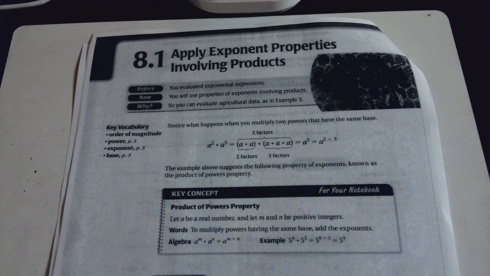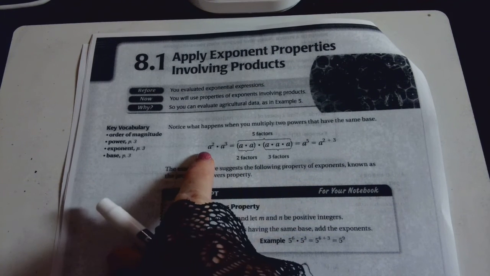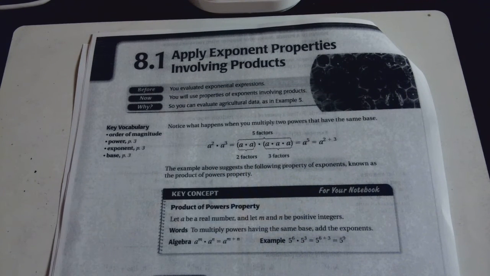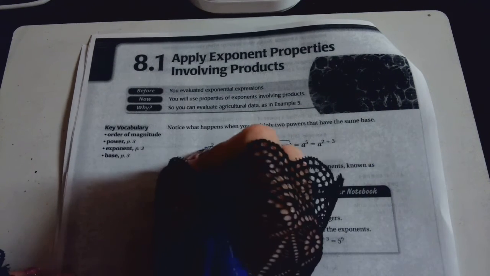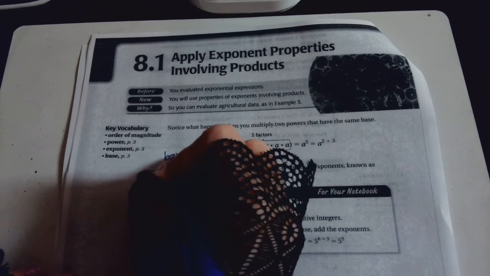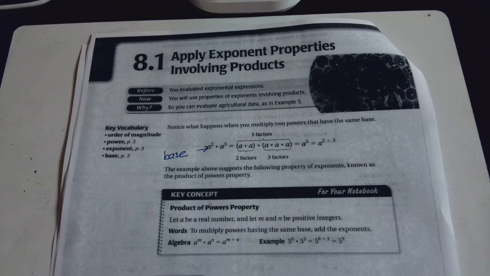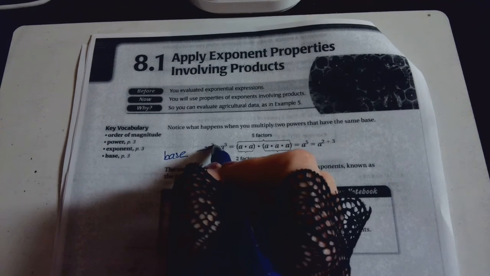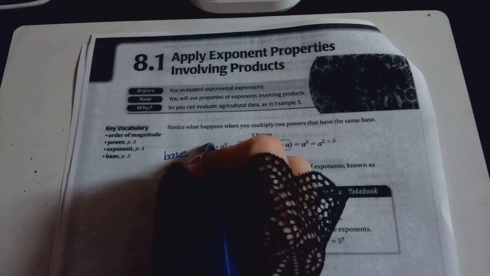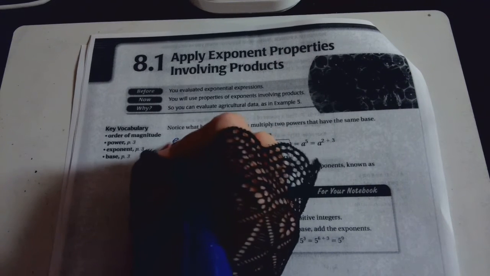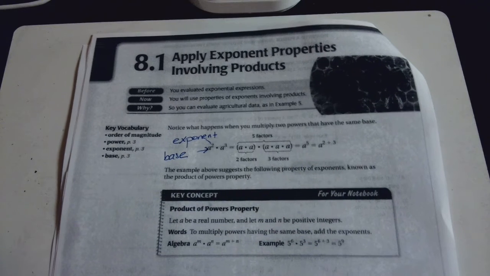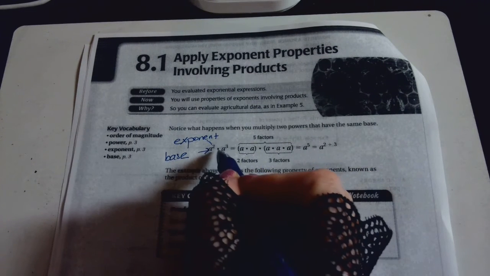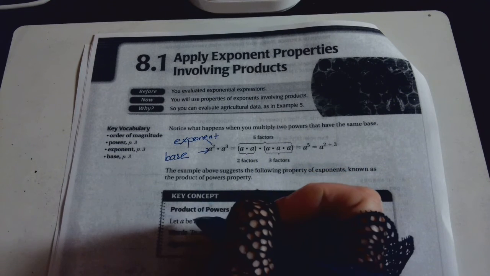Up here we have an example. A is the base, and 2 here would be the exponent. It's important that you understand that. And then we have a to the second power times a to the third power.